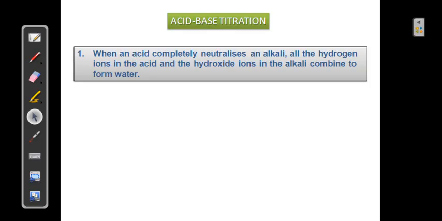But here, when you look at this statement, we say that when an acid completely neutralizes an alkali, why do you need an acid to neutralize an alkali? If your body is full of alkali substance, then you need acid to neutralize it.